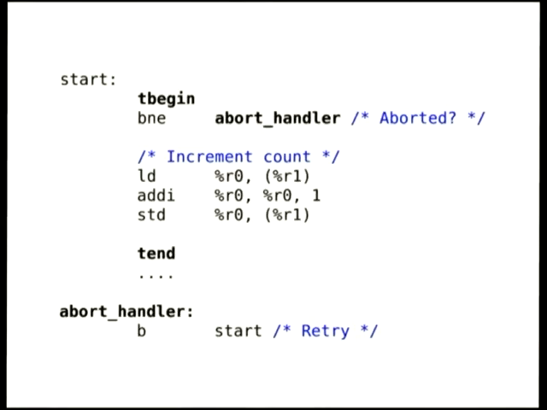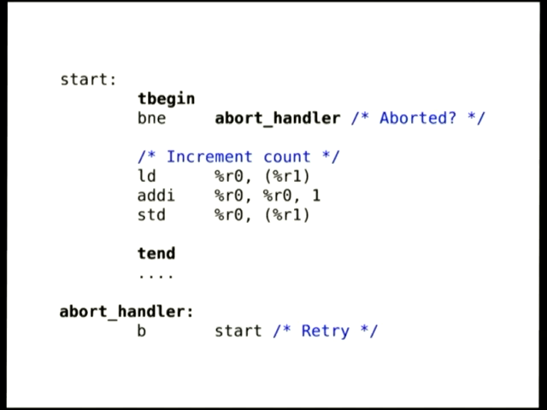And it looks like this, which looks very similar to x86, except with tbegin, you don't register your abort handler. We've got a fixed instruction width, so having to put the address in the instruction would use up a lot of opcodes. So what PowerPC does is it sets a condition flag based on whether you're transactional or not. And so the next instruction, this BNE abort handler, is simply a conditional branch.